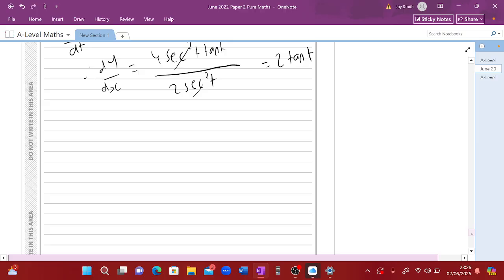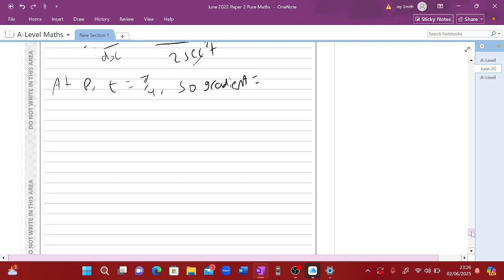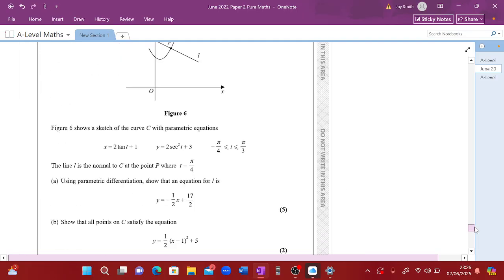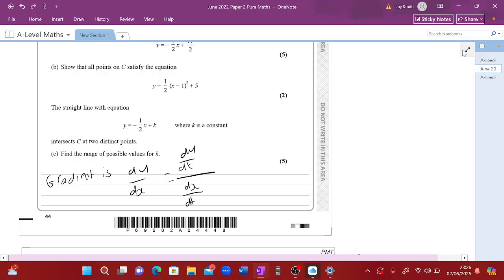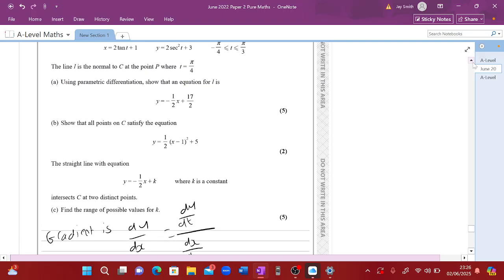Now it says at P. Remember, at P, t was pi over 4. I'll go back and you can see. So t is pi over 4 at P there.